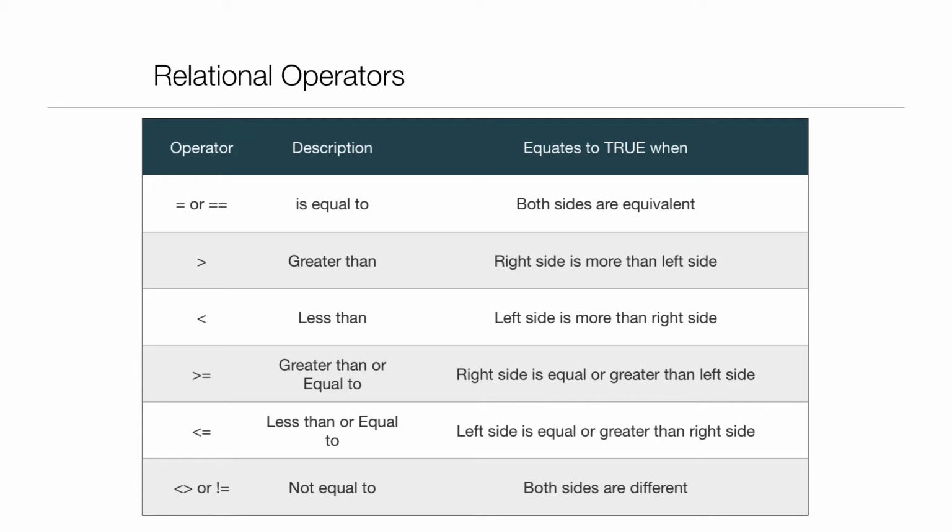The two open and close brackets, greater than, less than symbols, or the exclamation mark equals. I tend to use the exclamation mark because that, in programming terms, is more of a not. Or it equates to not, so you can just put a not in front of something. So I tend to use that one, but I'm pretty sure Java can do both.